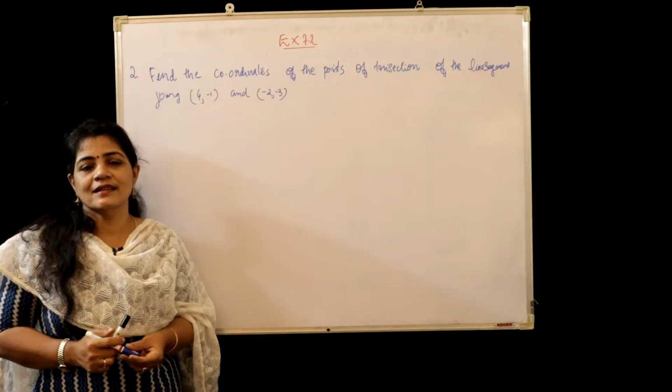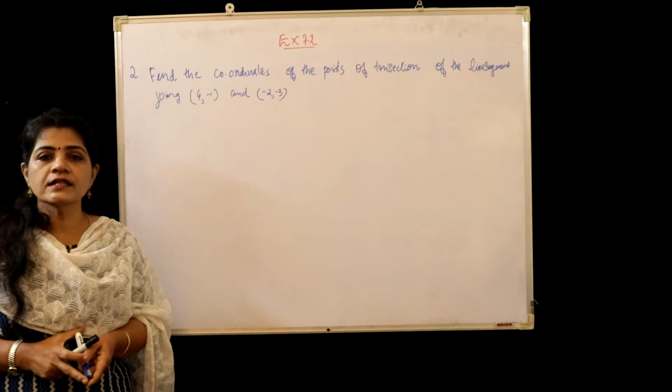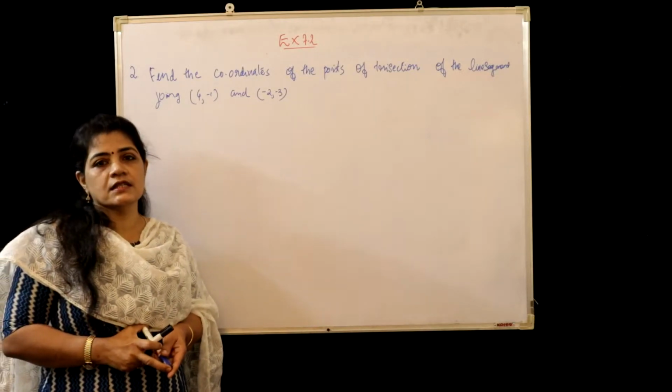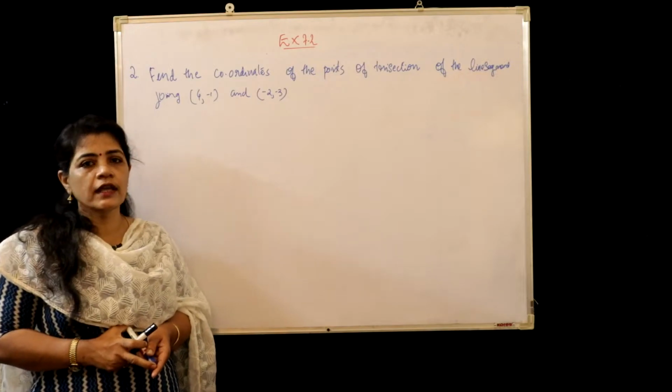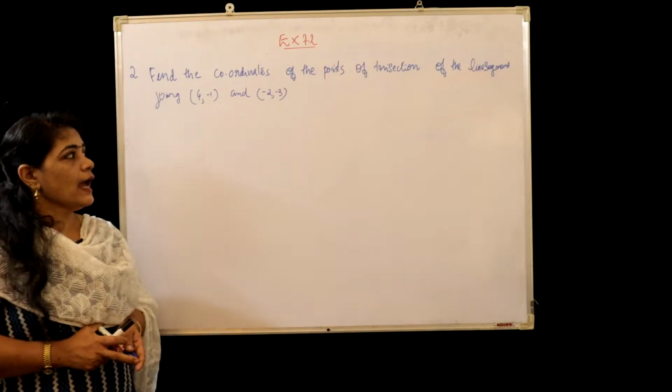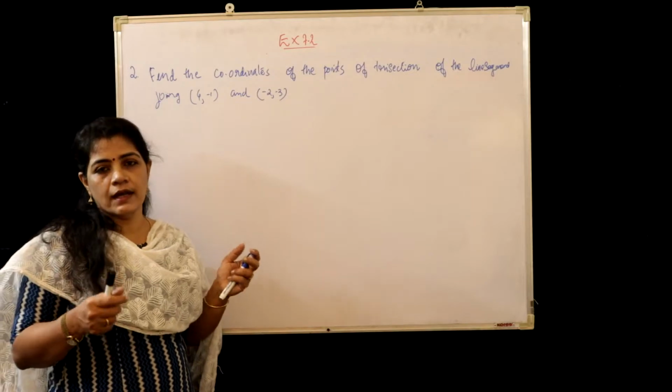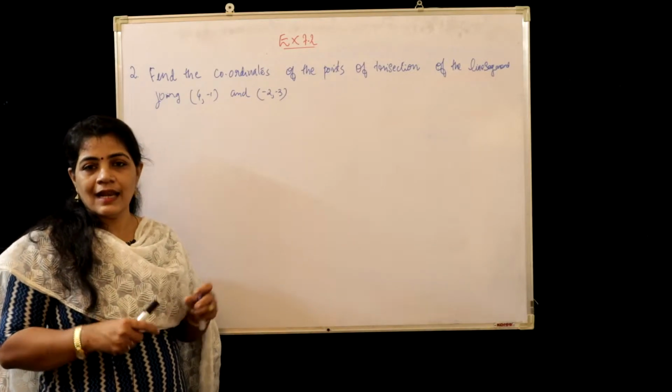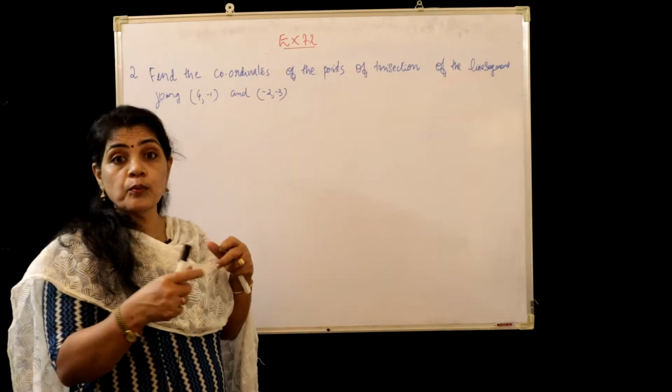Now the third question: find the coordinates of the points of trisection of the line segment joining (4, -1) and (-2, -3). The line segment joining 2 points.